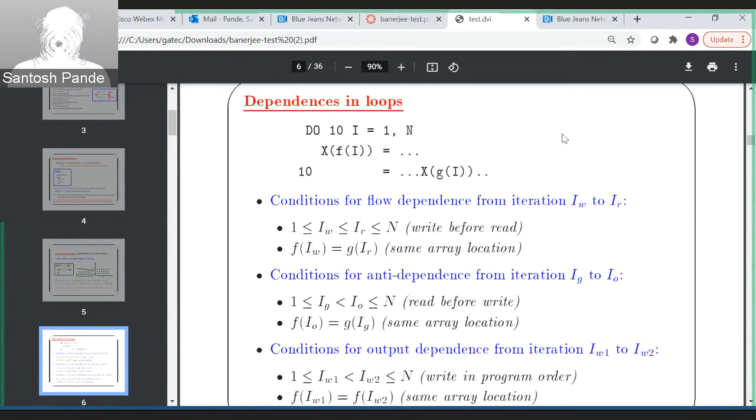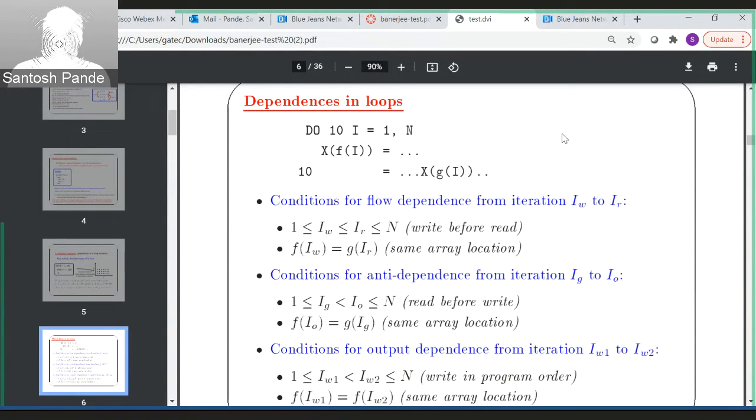Now we look at different possibilities here for flow dependence and so on. You can note that here the loop is already normalized, going from 1 to an upper bound in an increasing manner. So if we had to find the conditions for flow dependence from a write iteration to a read iteration, first of all, both IW and IR must be within the iteration space 1 to n.